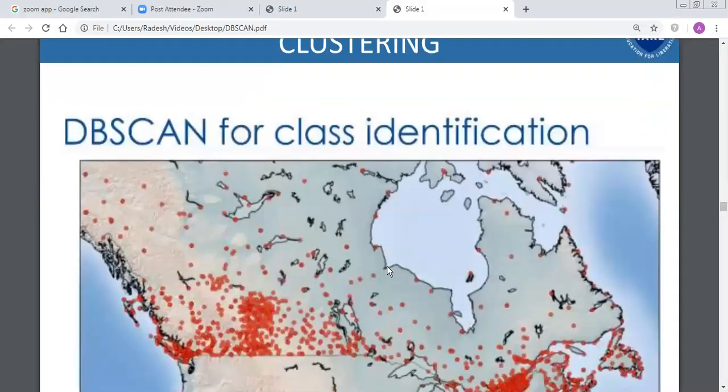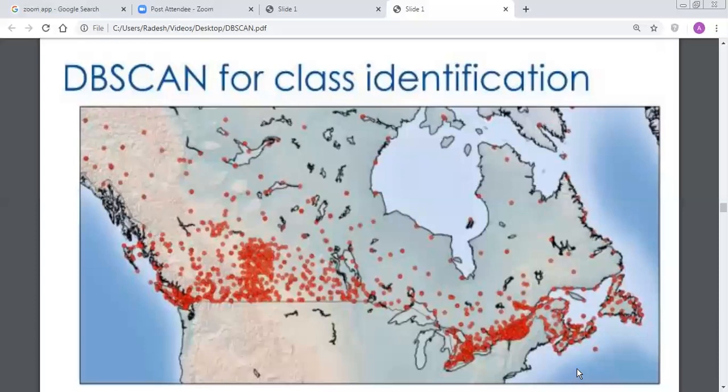So DBSCAN for class identification. If you look into this image, this is a Canadian image for identifying the different control stations. All the data points are arbitrarily represented here without any size or shape.